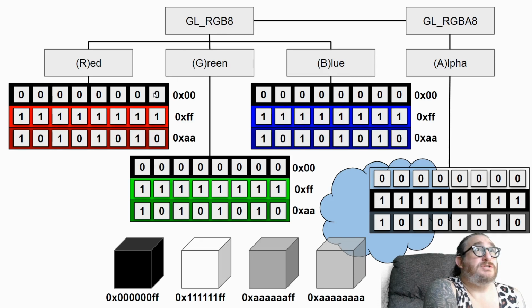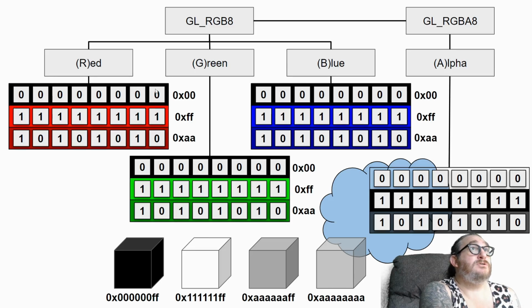That's how we're going to store the color information in these bits. We're going to store information for red, green, and blue. And then over here, if we're using the extra RGBA data type, that A is for the alpha channel, or transparency. So let's go through what this looks like.